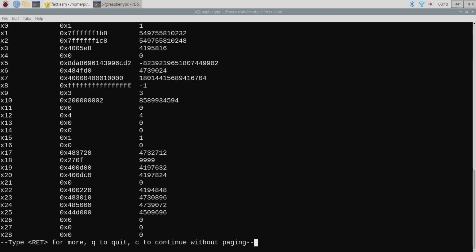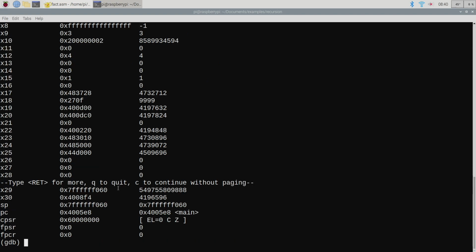I've got a bunch of garbage in X0, and my stack pointer, okay, is 060, right? My program counter is 5E8. I've got some flags set, right, and so on, okay?